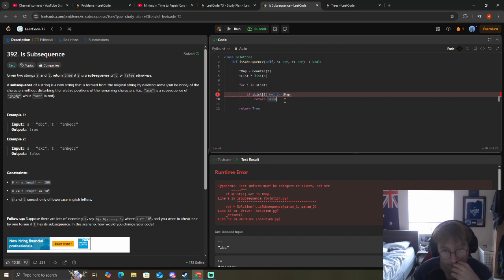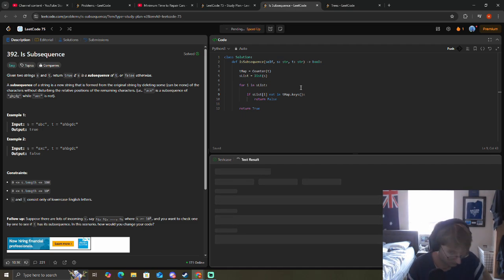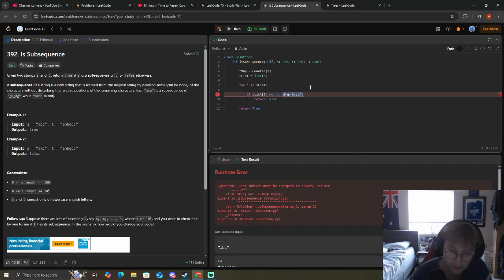If S list I... List indices must be integers or slices, not string.